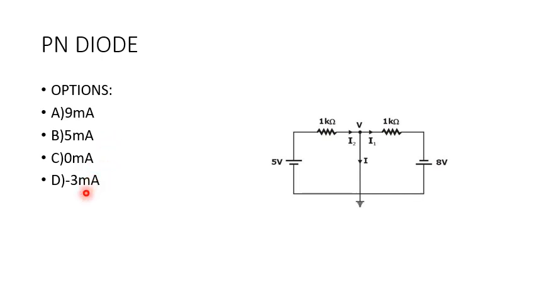We got the answer as minus 3 milliamps according to the KCL which we applied, and they had clearly stated the diode is ideal, so I made it a short circuit here. It is given in the options also. Can anyone guess any other option? Because this answer is not correct. We will see what is the correct answer.